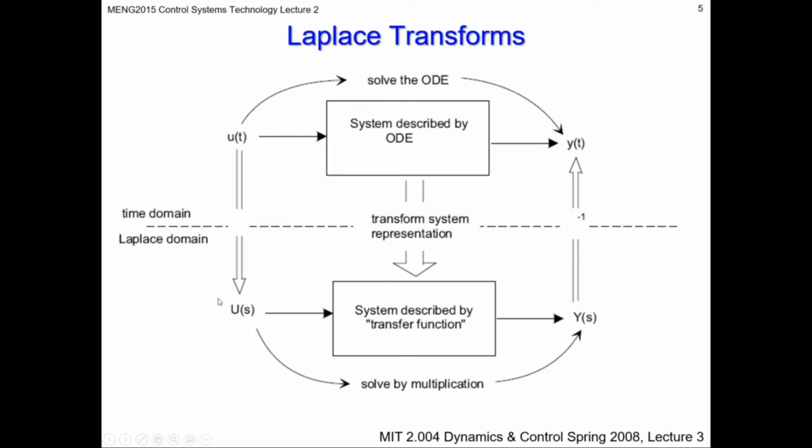So now our input in S goes into our transfer function, which is also in S, giving us, of course, an output in S, which is y as a function of S. But now, instead of having to get from input to output by solving an ODE, you get from an input to an output by multiplication.